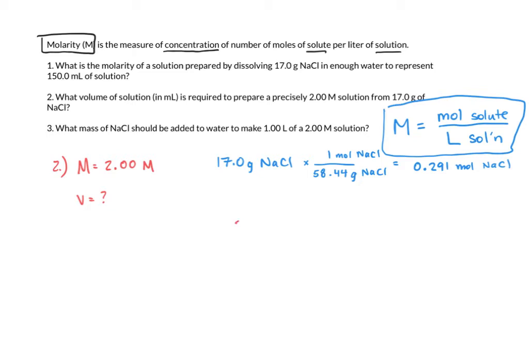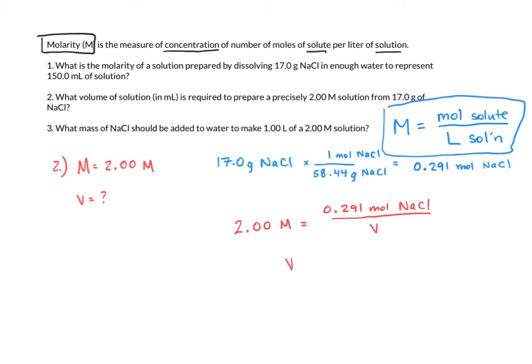Here, in problem number 2, our concentration, or our molarity, is 2.00 molar. Our number of moles of solute is once again 0.291 moles of sodium chloride. But this time we'd like to know a volume.